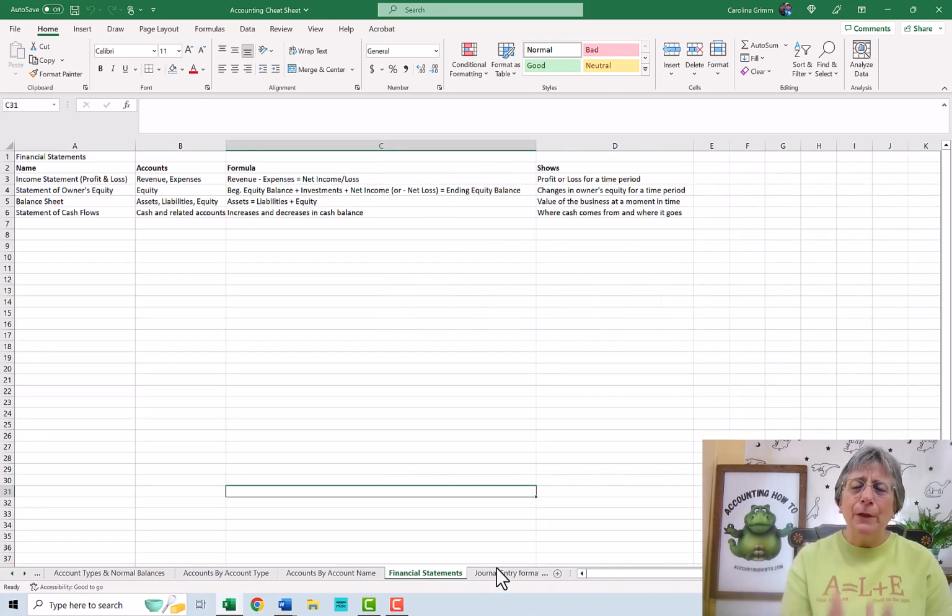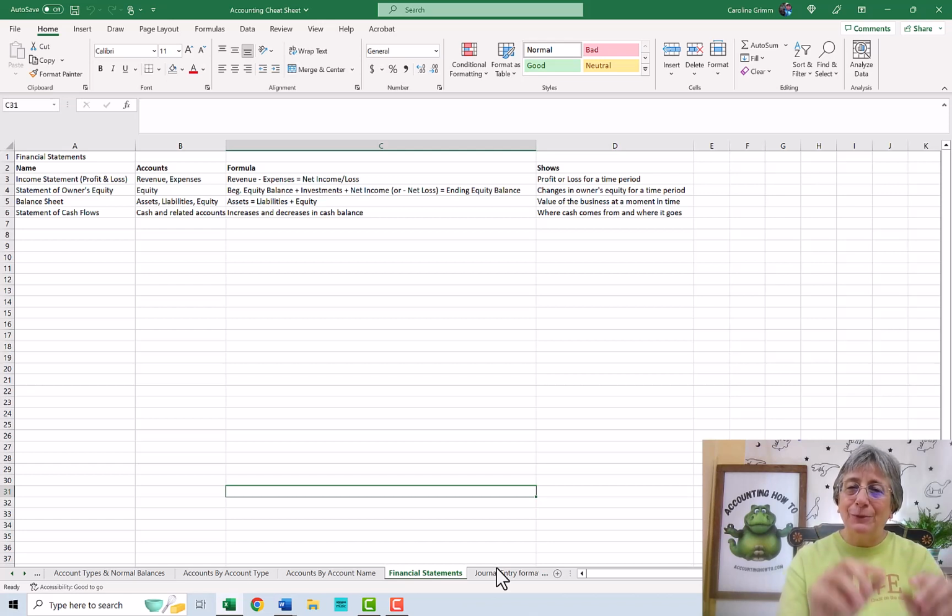And then there's a tab here for the financial statements, because all of these transactions that we're keeping track of are going to be summarized in these financial statements. And those financial statements are going to tell us specific things about a business. Is it making money? Is it making a profit? Is the owner's investment increasing or decreasing? So it's going to tell us different parts about our business and give us kind of a 360 view of what's going on.